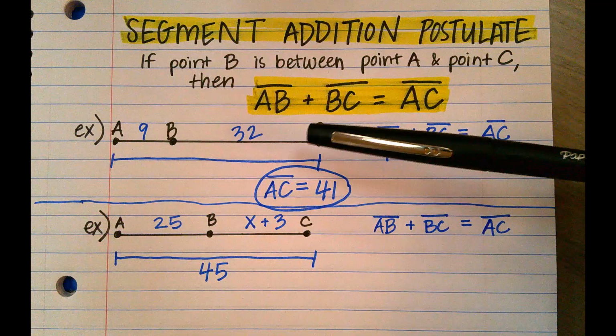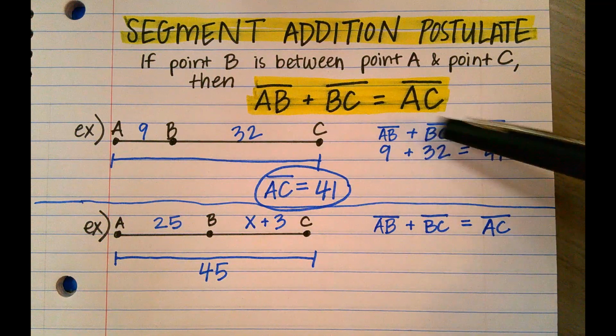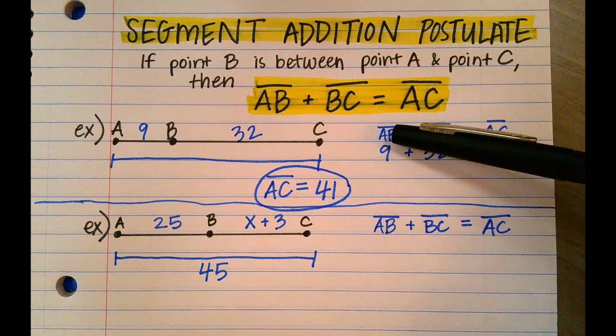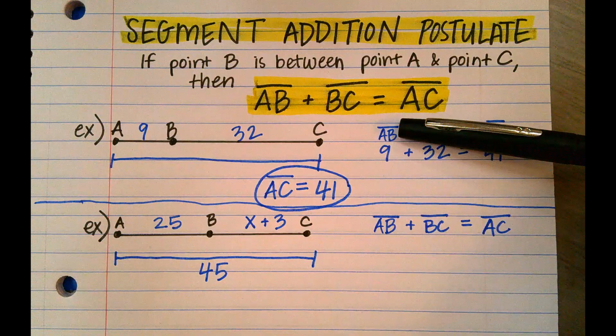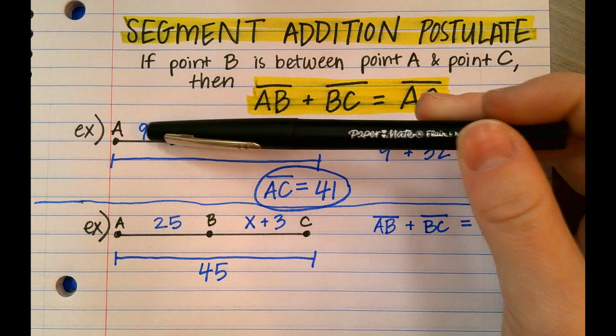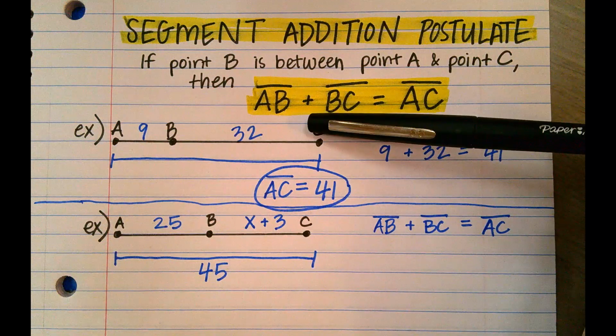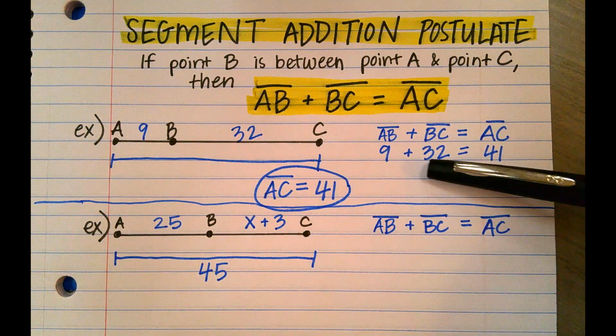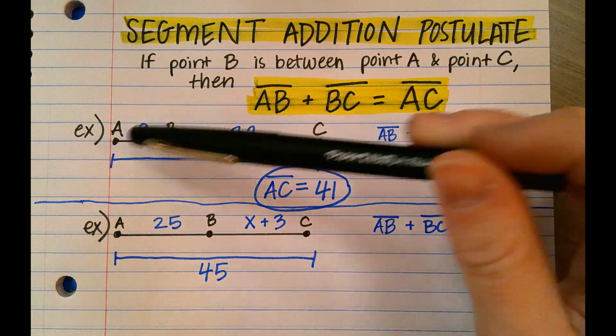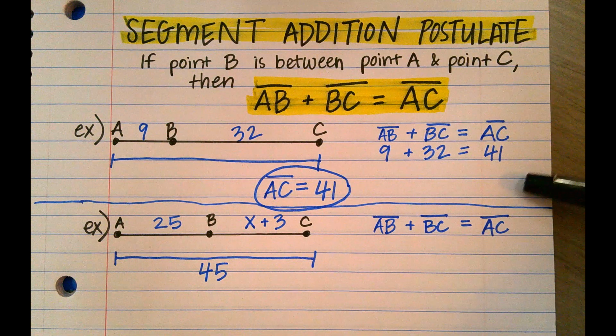And just like we did on the first example, to figure out my problem, I just looked and said, okay, AB is between A and B. It's 9. I'm going to put 9 there. BC is between B and C. 32. I'll put 32 there. AC is all of it added together, and that's how we got 41.